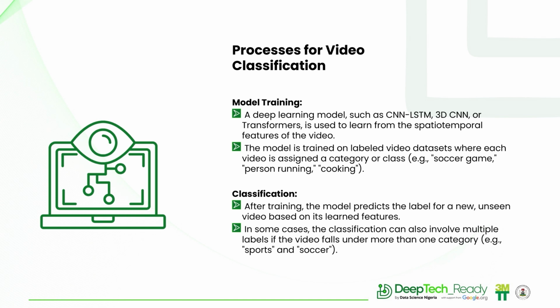Okay, then the next one after model training is classification. After training, the model predicts the label for a new unseen video based on its learned features. In some cases, the classification can also involve multiple labels if the video falls under more than one category, e.g. sports and soccer.